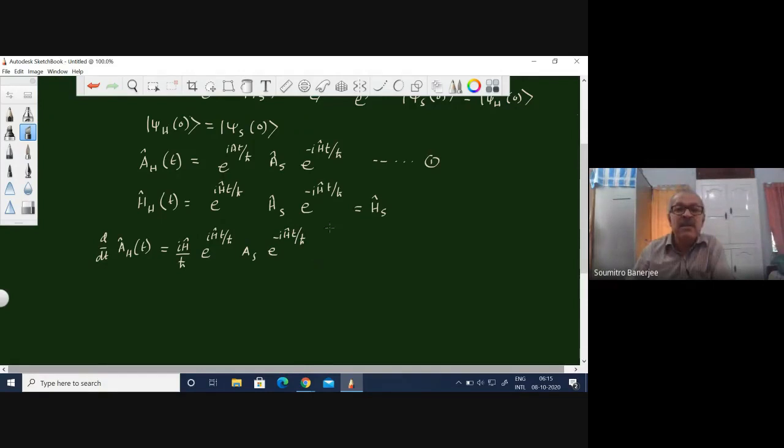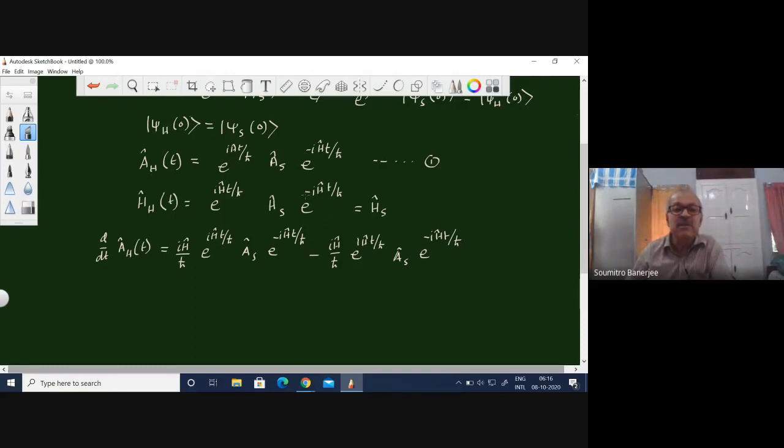Now let us differentiate the last term. So it is minus, that will come out, minus i H operator by h cross, and the rest remains the same: e to the power i H t by h cross, A S, e to the power minus i H t by h cross.